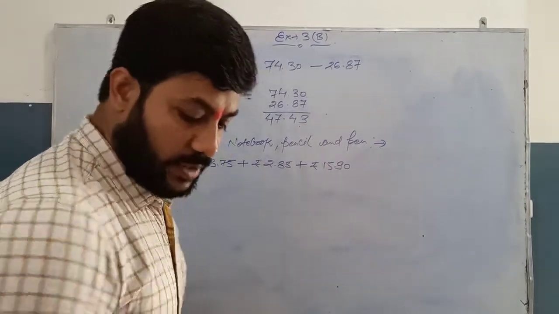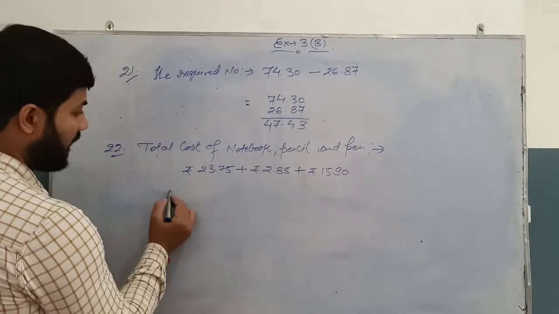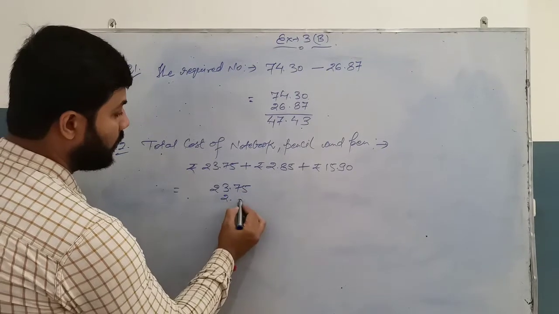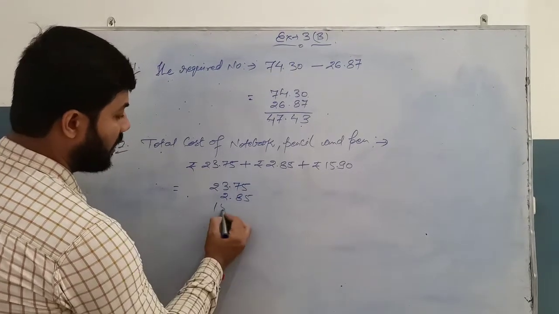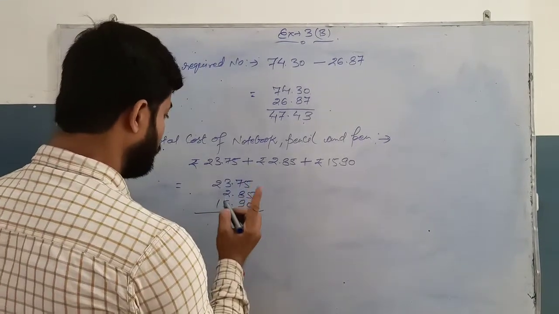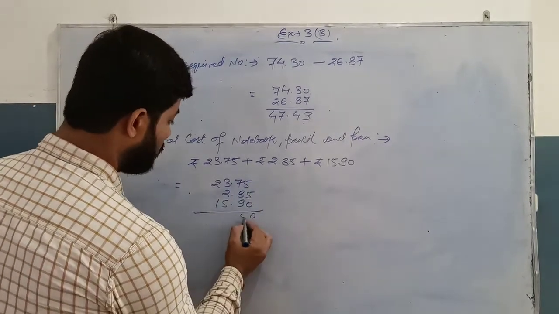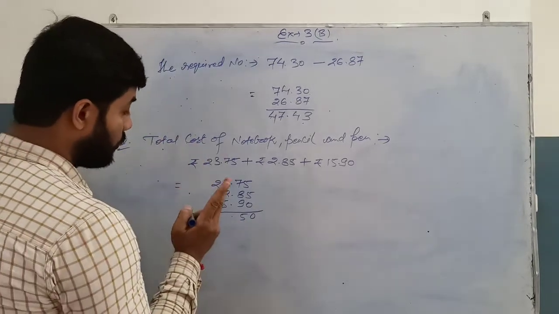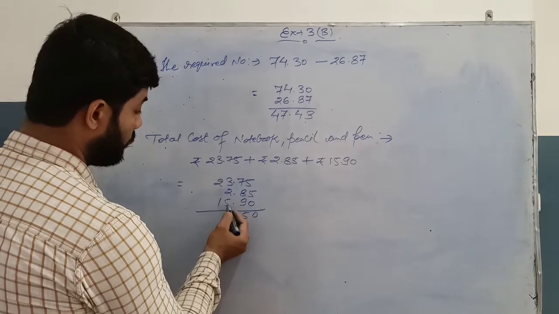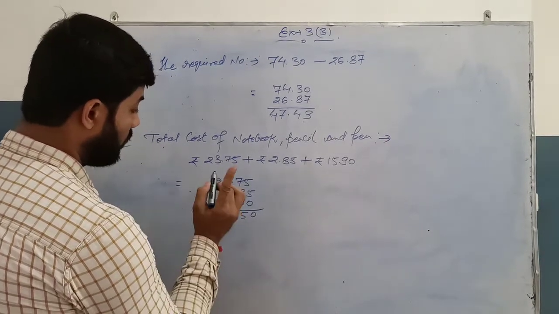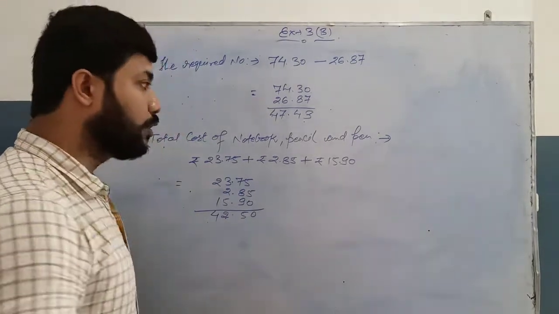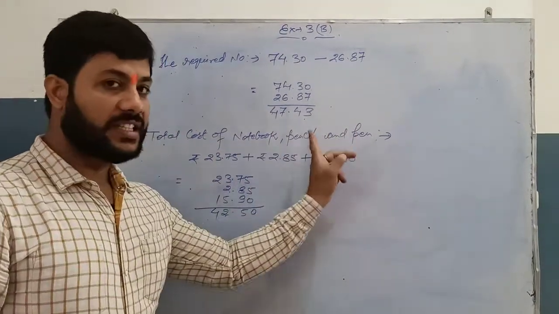They are already like decimals. Simply we have to add them. 5, 5, 10, 1 carry. 5, 2 is here, so 2 to 4, 5, 4, 9, 3, 12, 1, 2, 3 and 4. So 42 rupees 50 paise is the total cost of notebook, pencil and pen.